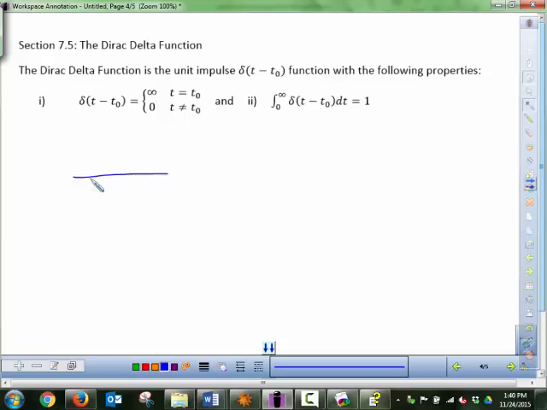On your t-axis, at some point t sub 0, you start off with a square that has 1/2 on the left and 1/2 on the right, and then a height of 1. So the area of this thing is equal to 1.